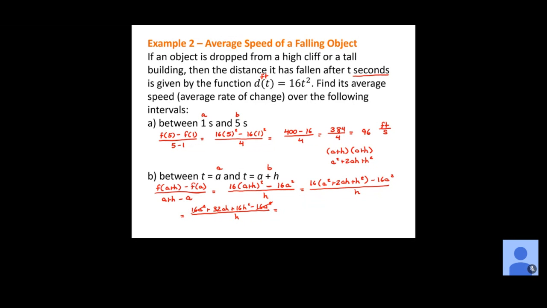Okay, we need to cancel out the h, right? So to do that, I'm actually going to factor it out in the numerator. So I have h times 32a plus 16h all over h. And now that h in the numerator and denominator, common factor cancels out. And we're left with just 32a plus 16h. And that would be our average rate of change from a to a plus h now.